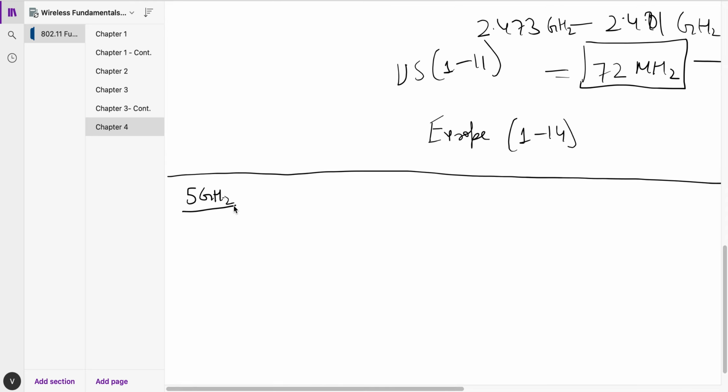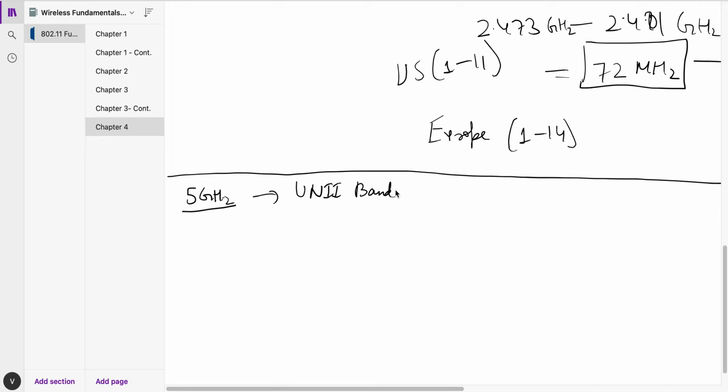In 5 gigahertz, we got something called the Unlicensed National Information Infrastructure band, which is called a UNII band. A UNII band is given to us to send more traffic. Of course, we know that 2.4 was very congested.